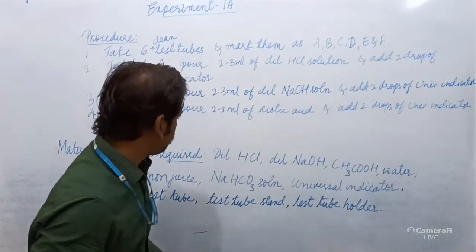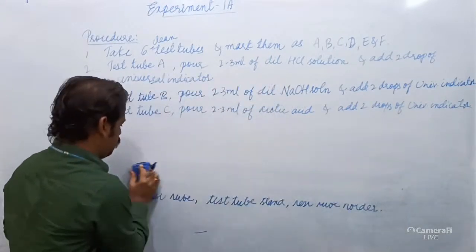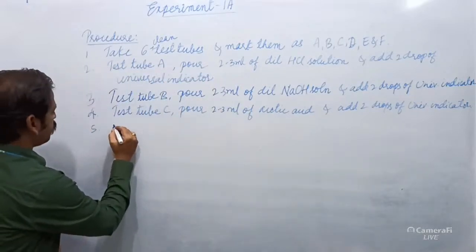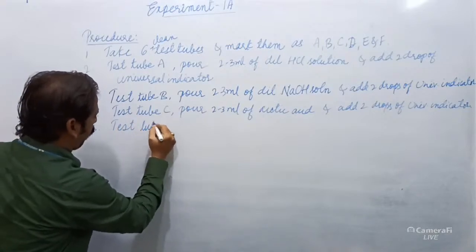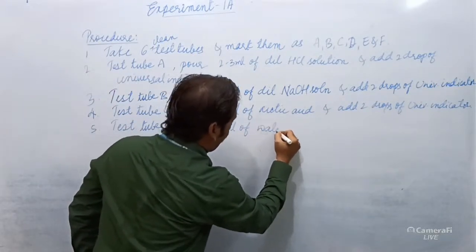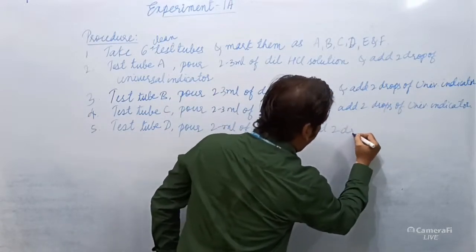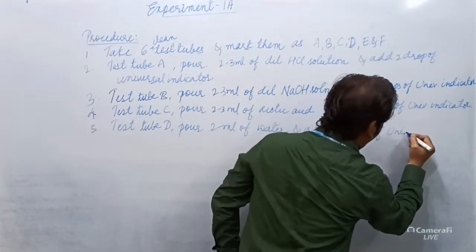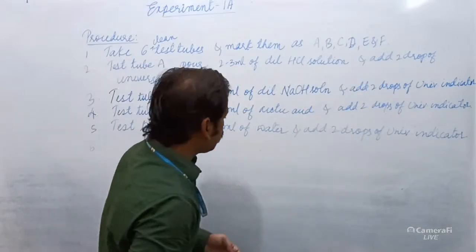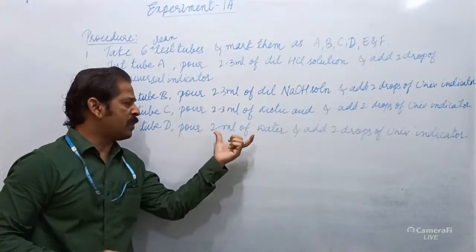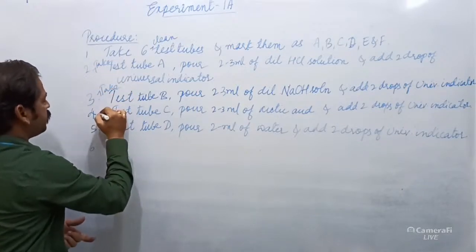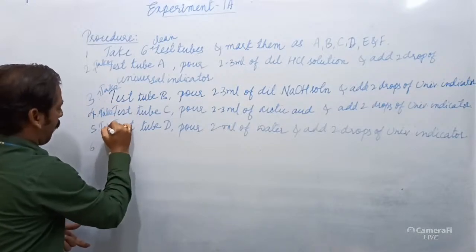Point number 5. The fourth is to take test tube D, pour 2 to 3 ml of water.